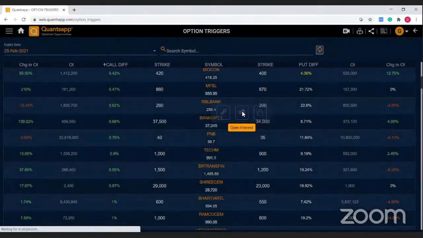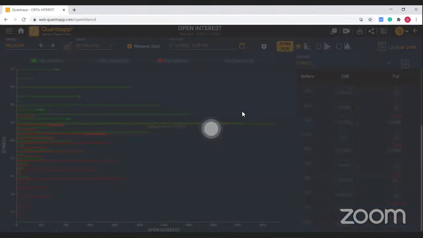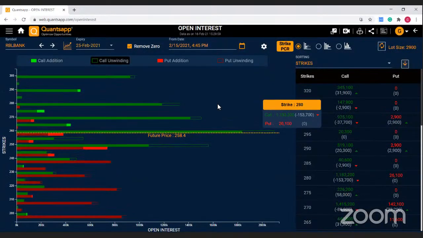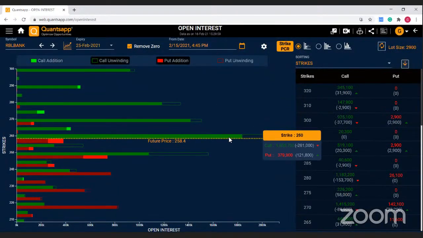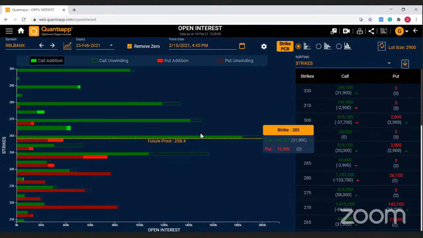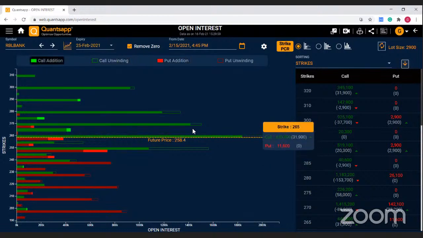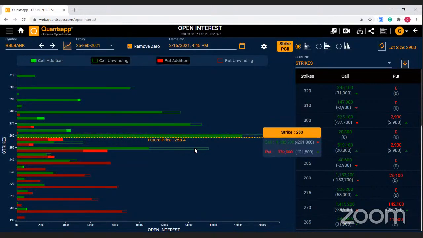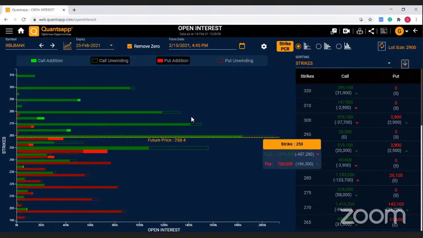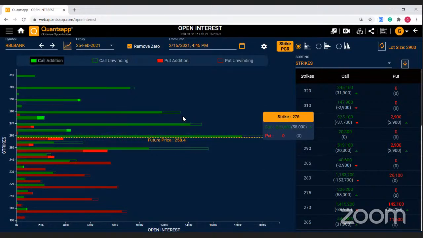So we will see how the writers are doing for RBL Bank. We can see that RBL Bank is almost on the highest call strike, which was the vital resistance. So RBL Bank is trying to cross this level, and you can see the call writers are also removing their positions because they are a little jittery, a little nervous at this particular stage that prices can go up.